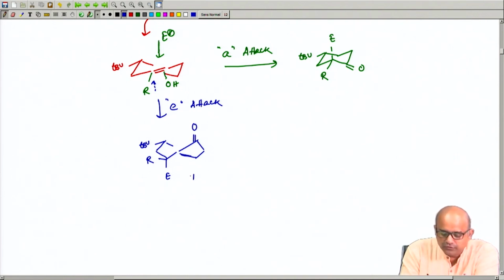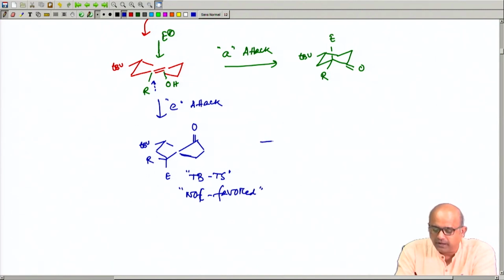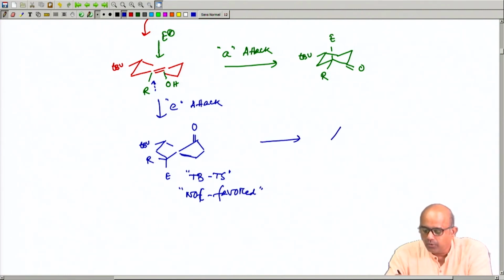Now, this twist boat TS is energetically not very favorable, so not favored, because twist boat is a very strained intermediate. So, if this has to be the approach, what will we get as the main product?